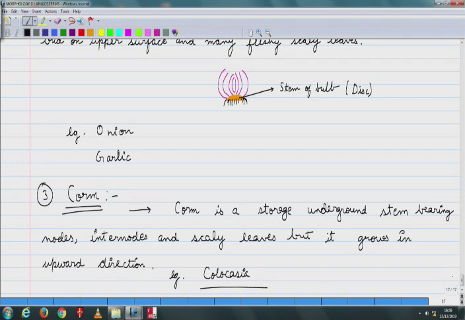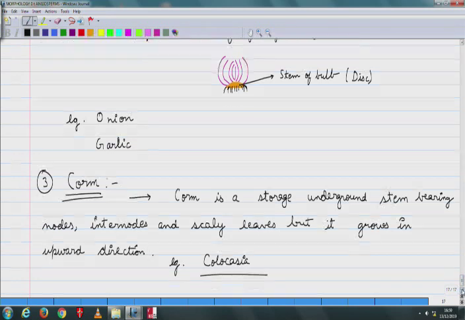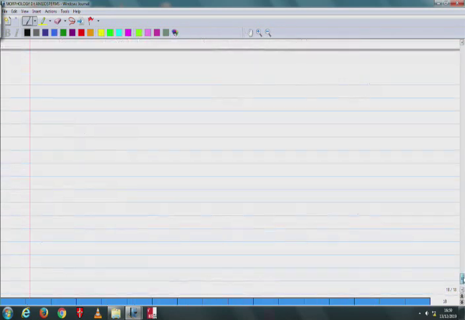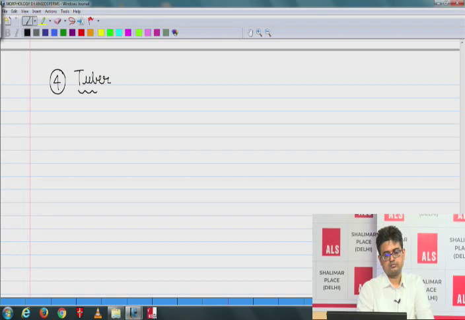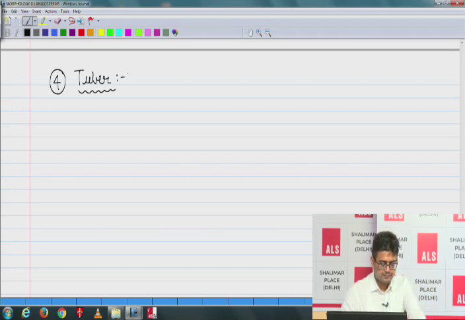Then the fourth part, rhizome. Sorry, not rhizome, tuber. Fourth underground stem. Tuber. So what is a tuber?